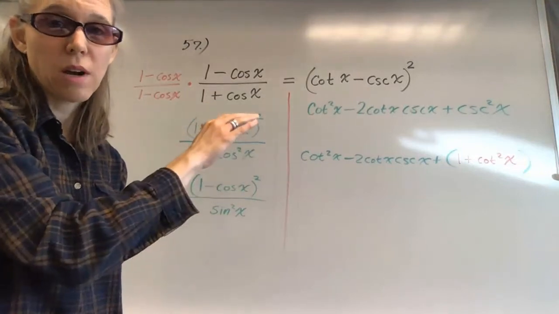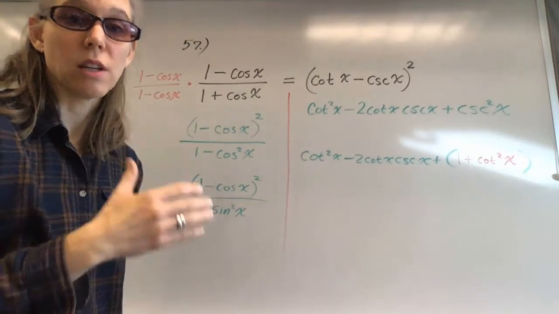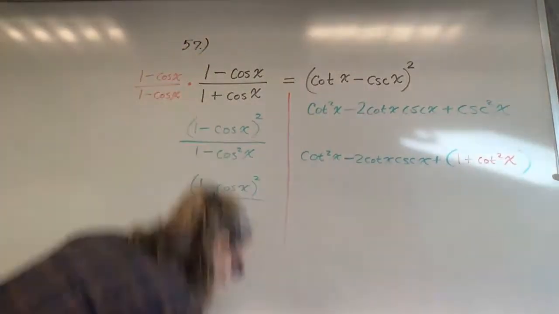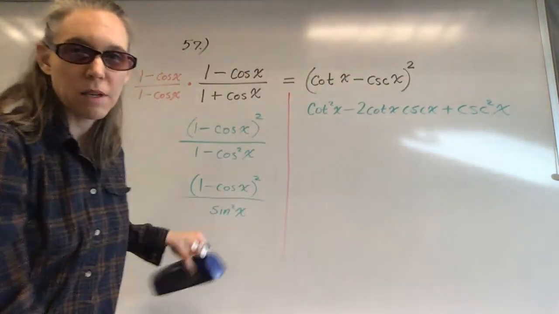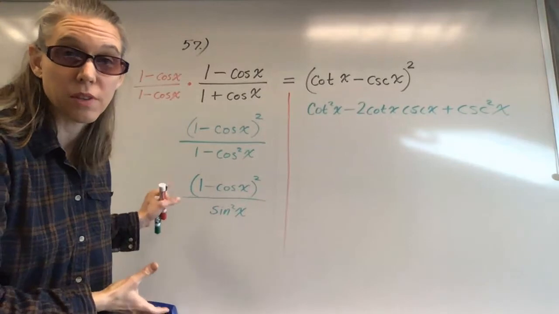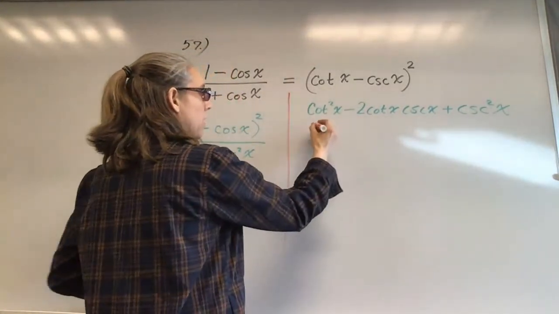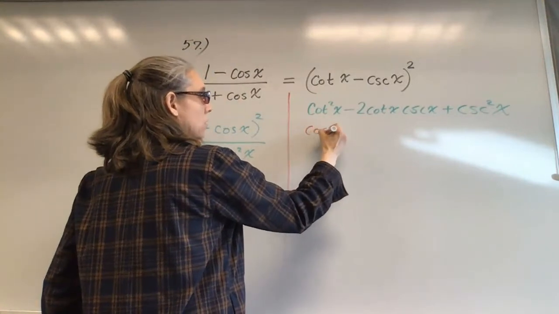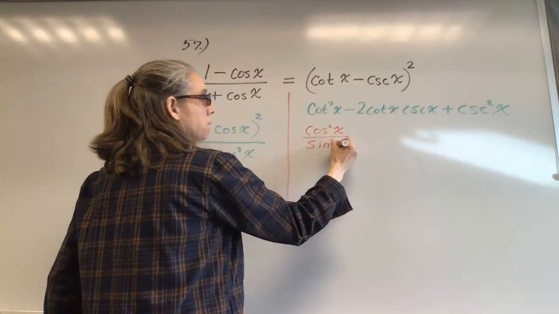So I want to rewrite everything on the right-hand side in terms of sine and cosine exclusively. This is also motivating because over here on the left-hand side, everything I have is exclusively in terms of sine and cosine. So replacing cotangent squared is cosine squared over sine squared.